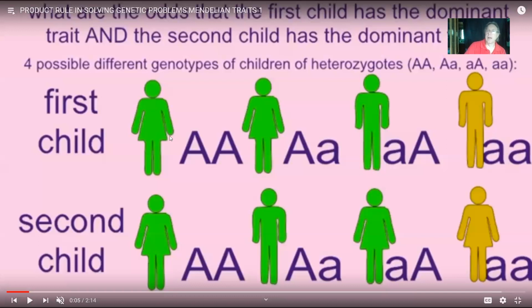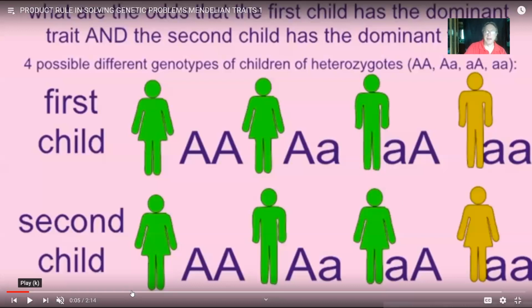Well, if they were to have 2 children, 3/4 of the time, each of the children, both the first and the second, would have at least 1 dominant allele. So they would have the dominant trait, whether that be something harmless like rolling your tongue, or the normal condition of not having cystic fibrosis. But 1/4 of the children would then be homozygous recessive, and therefore they would have the recessive trait, either not rolling the tongue or having cystic fibrosis.